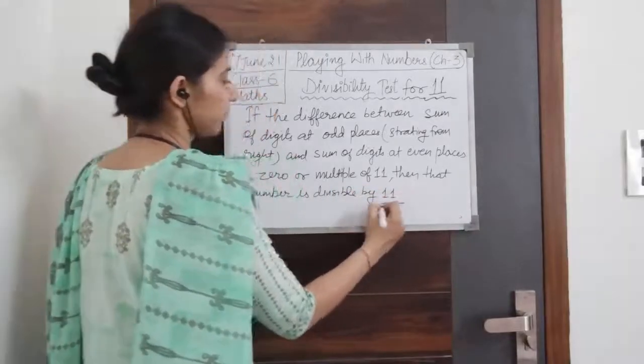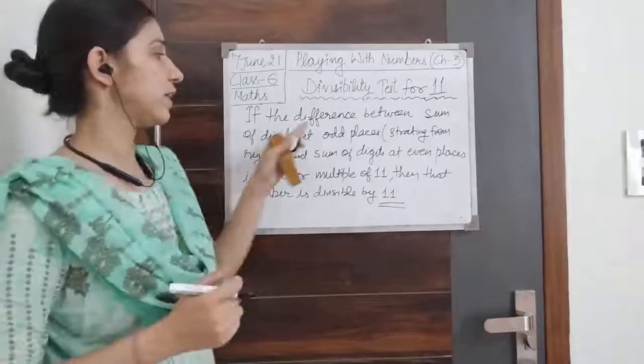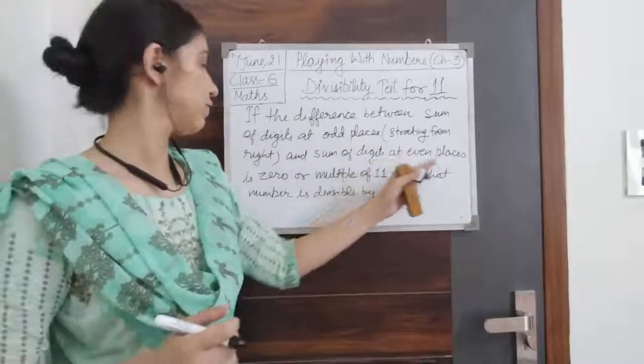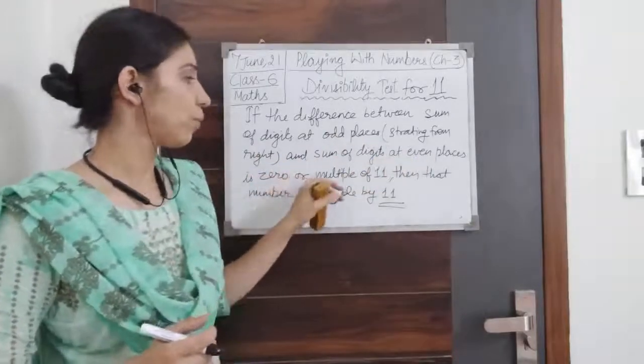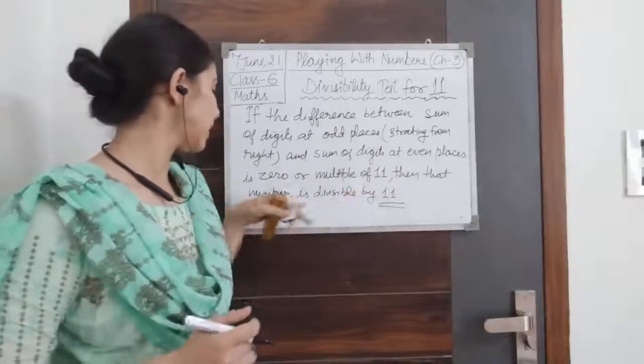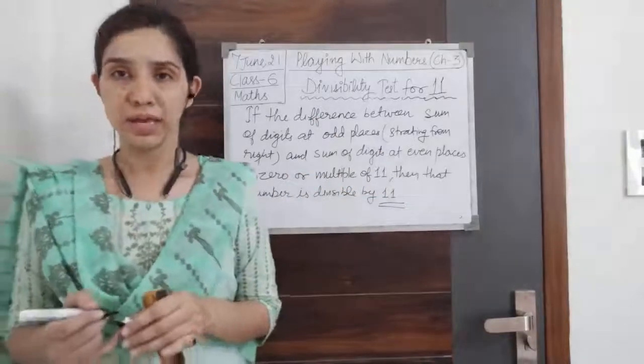Okay. If the difference between sum of digits at odd place and sum of digits at even places is 0 or multiple of 11, then that number is divisible by 11.